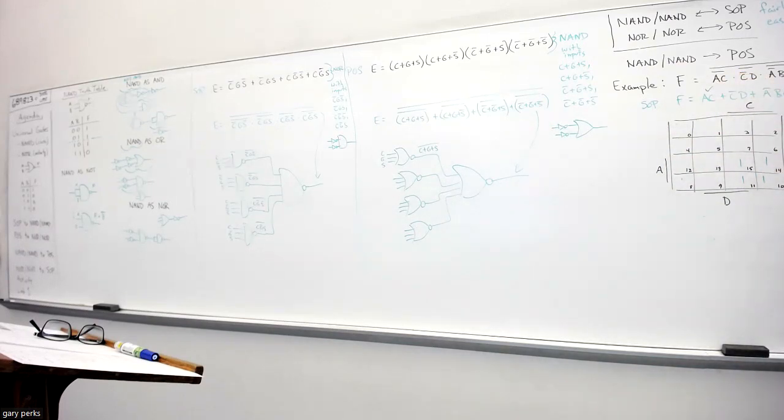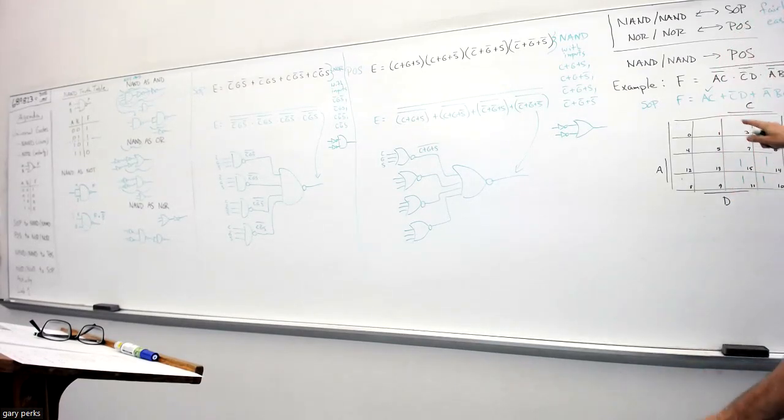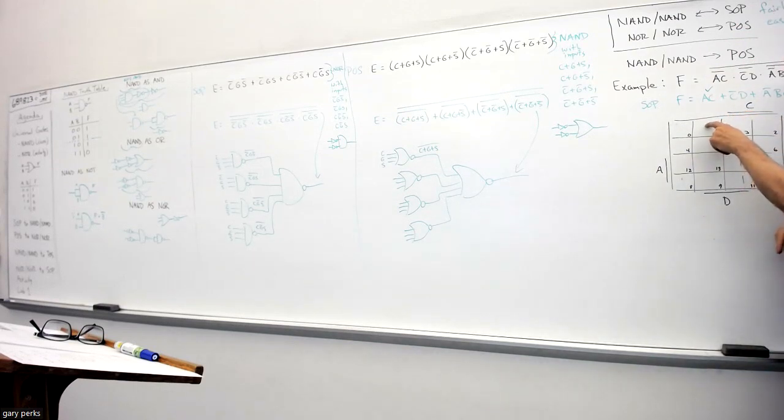How about not CD? Everything that's on the bottom where it's not. So which 4 cells, can you give me the numbers? So the first one, this is cell 1, so cell 1, the ones that have that.